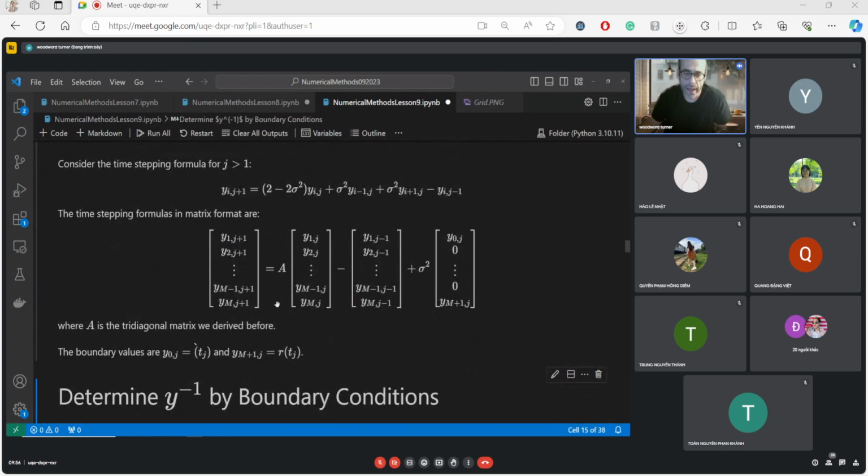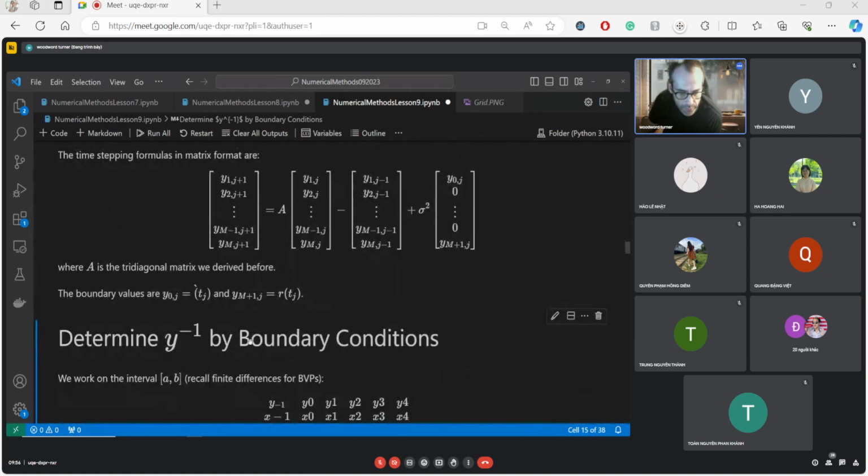And then in the final one, we have our sigma squared times this vector here, which is really just encapsulating the boundary conditions: y sub 0 comma j, y sub m plus 1 comma j, multiplied by sigma squared. And the matrix A here is the tridiagonal that we saw before. And then the boundary values in reality will be functions of t.